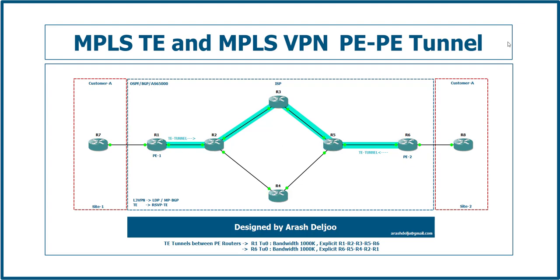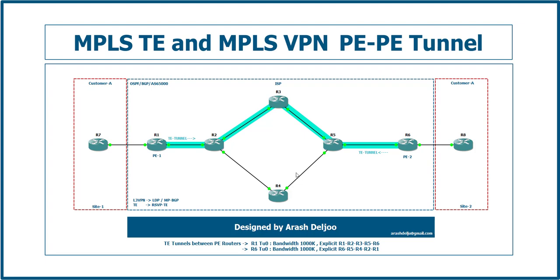Maybe in some cases you want to use this path or that path. You can use traffic engineering tunnels to forward the traffic of different customers over different links inside the service provider. This gives you the ability to use the bandwidth or resources of the links with a more optimized function.